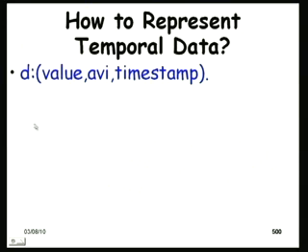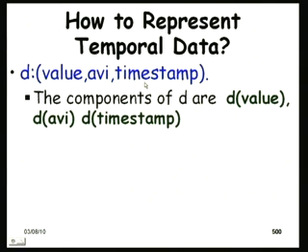A data item D is represented through the data value, the absolute validity interval, that is for how long the data will remain valid, and then the timestamp on when the data was collected. So, these are the three components using which a temporal data will be represented. And if we want to refer to any specific component of D, for example, value, we will write D value, D AVI or D timestamp, etc. This is the notation that is typically followed.